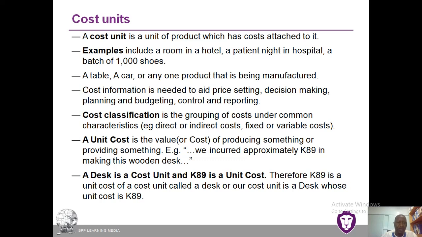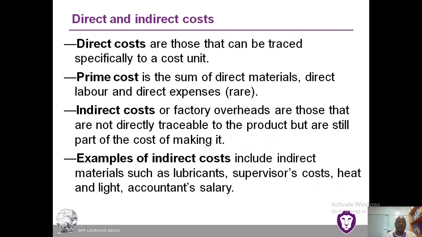So for example, if we have a desk that costed say $89 or kwacha to make, the $89 or kwacha will be the unit cost, while the desk will be the cost unit. The cost unit is a unit of a product. The unit cost is the value of that unit of a product that is being costed.